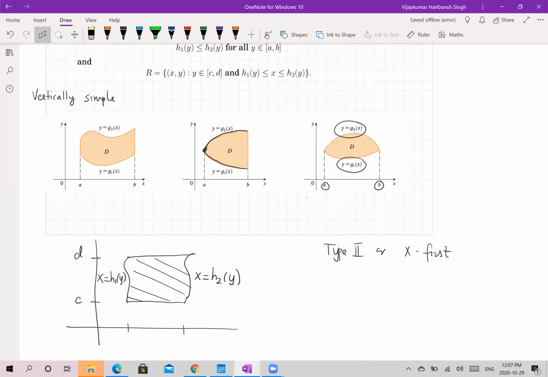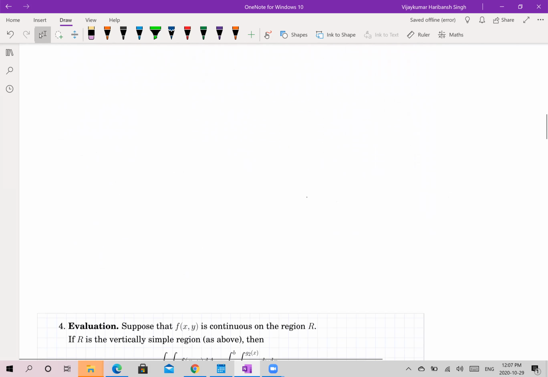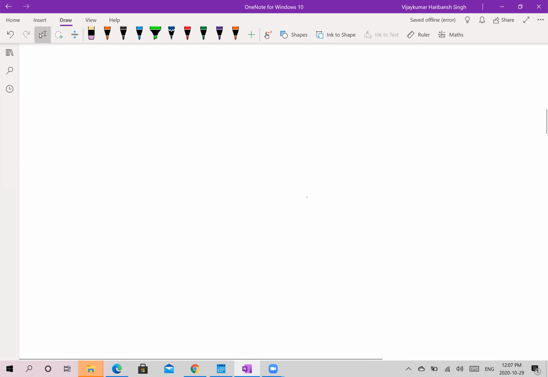These are the two different kinds of regions over which we will first learn how to integrate. So what is the idea?